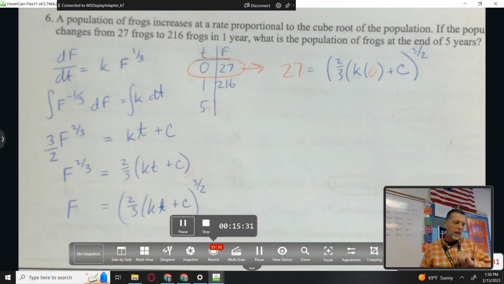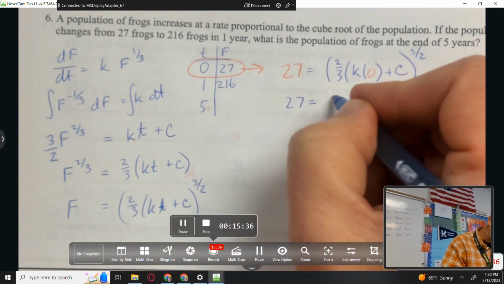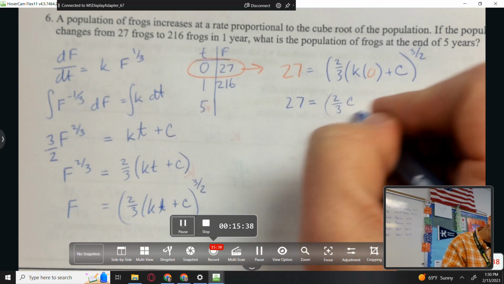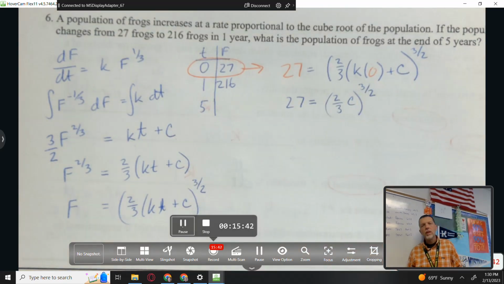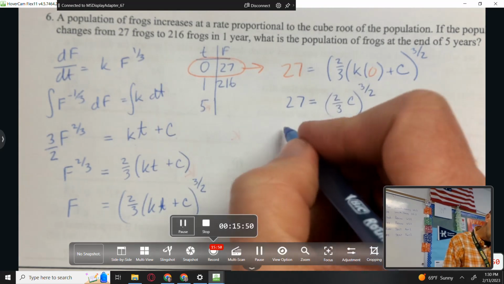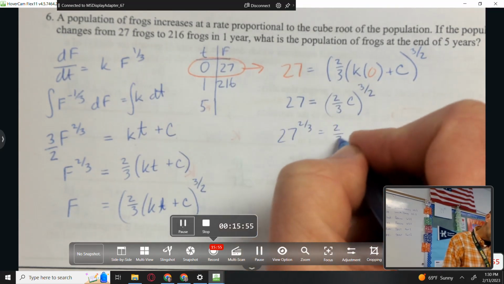So K is gone. 27 equals 2/3 C to the 3/2. So let's raise both sides to the 2/3. Ugh, 2/3 everywhere.